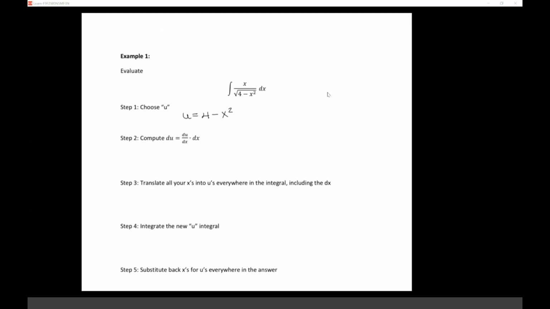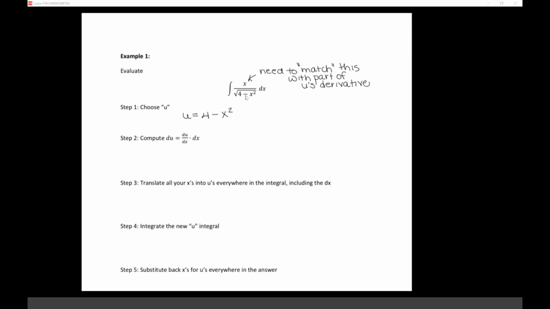But what do I do with the x? I need to match my x with part of the derivative. Right, because what I want this to look like is u and at least the x part of its derivative.